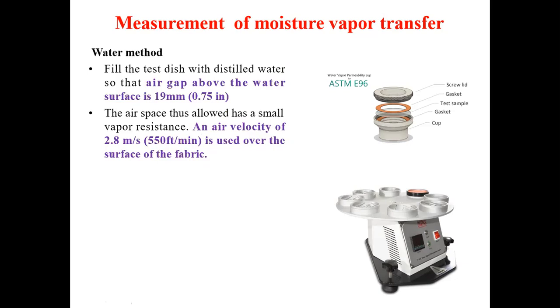And this vapor layer will further prevent the newly generated water vapor from passing through this fabric. So continuously you have to keep it in motion so that this cannot create any hindrance to the passage of the water vapor. And this is a standard condition of the experiment.